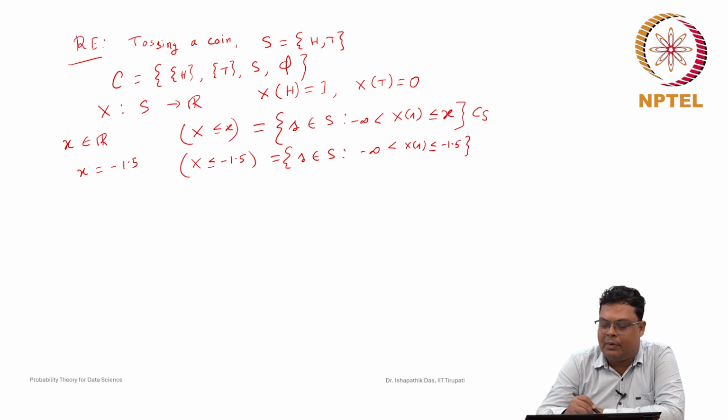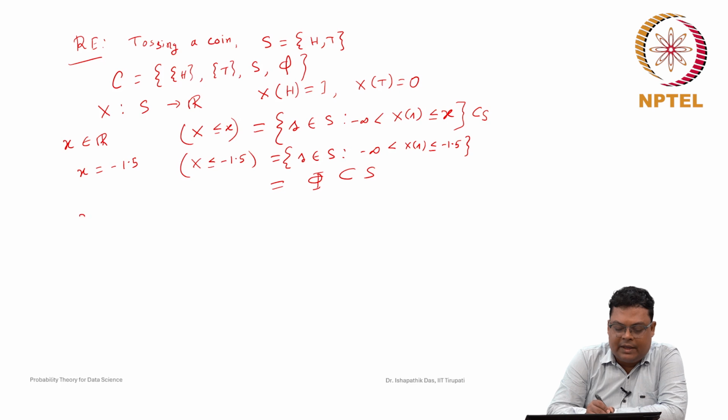Now, which s satisfy this relation? X of head is 1, X of tail is 0, and none of these values satisfy this relationship. So this is nothing but the null set, which is basically a subset of S.